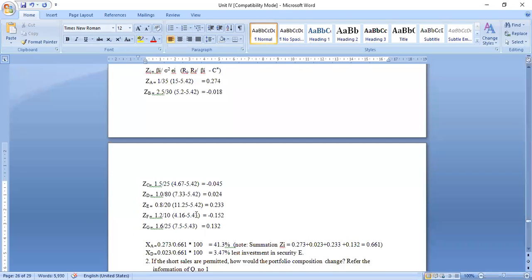Next, 4.16 minus 5.42 is minus 1.26. So these values will remain as they are. Okay. So after we have calculated this, the meeting will end in 10 minutes.